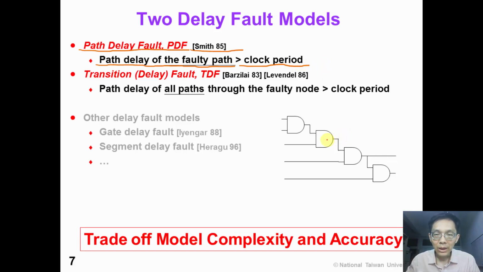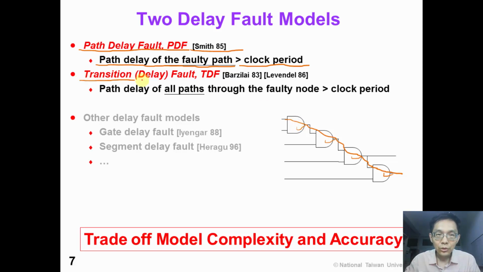For example, given this circuit, suppose that we have a faulty path. Then the summation of the delay along this path is larger than the clock period. In this fault model, we assume that the delay is distributed along the faulty path.